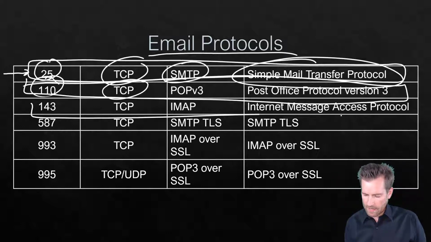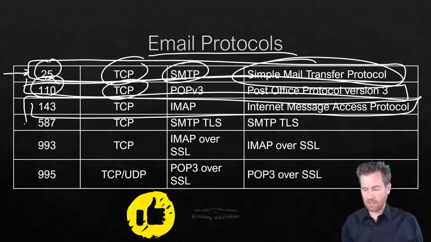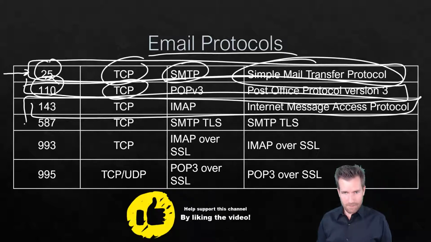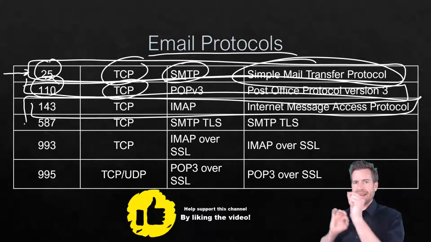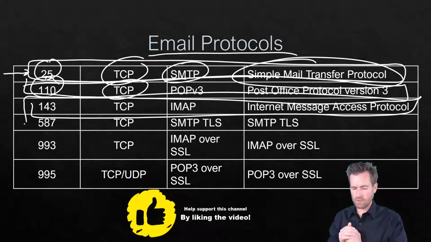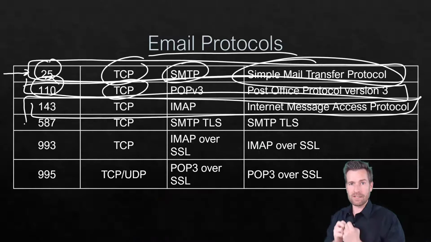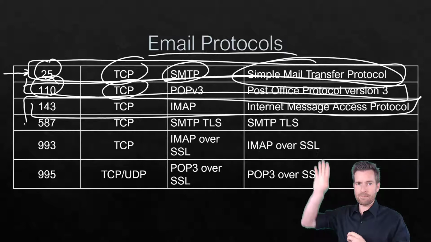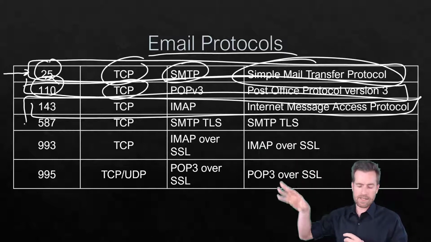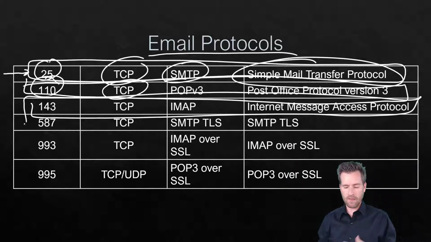IMAP, or Internet Message Access Protocol, is very similar, except it's a more dynamic connection between the two. POP version 3 can download those emails onto your computer, and there is a checkbox to say, hey, keep a copy still up on the server. I just want a copy on the local one.